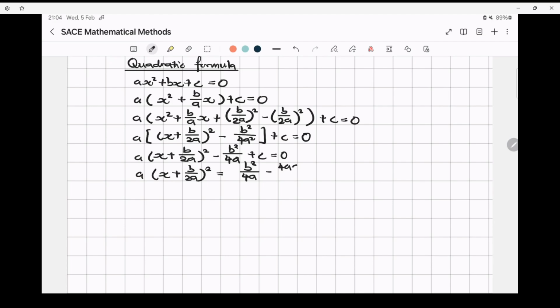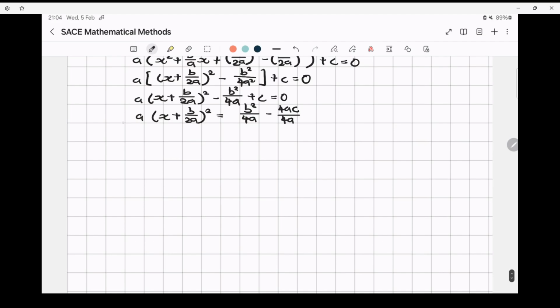So now I do this particular multiplication. Then you have b squared minus 4ac divided by 4a.